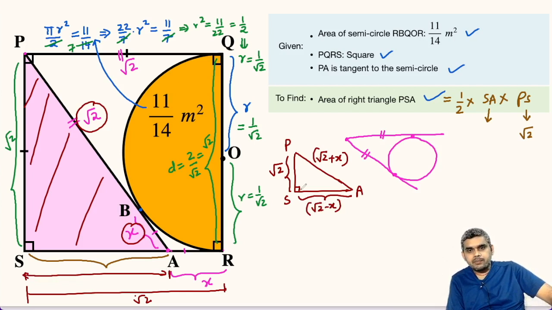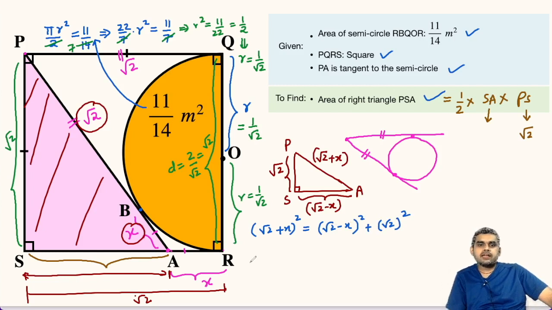In this triangle PSA, we will apply the Pythagorean theorem in order to find the value of X. So we can write root 2 plus X whole square equals root 2 minus X whole square plus root 2 square. Now we will use the identity a plus b whole square to expand this.